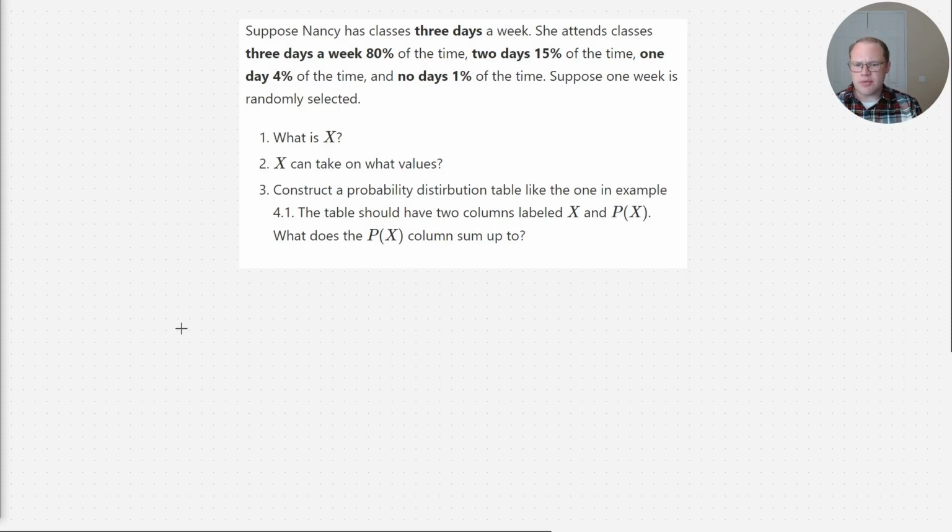So here we're just asking what x is describing. Remember, x should be numerical values, right? Those should be the values it takes on, and it should represent the outcomes that are possible here.